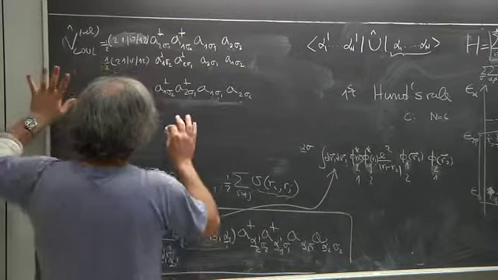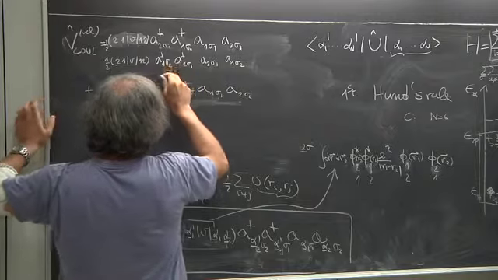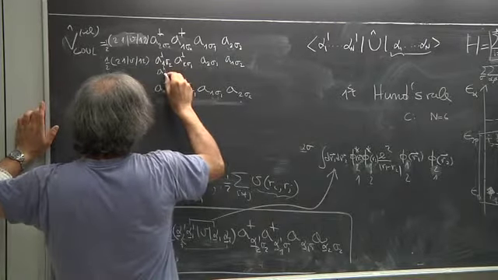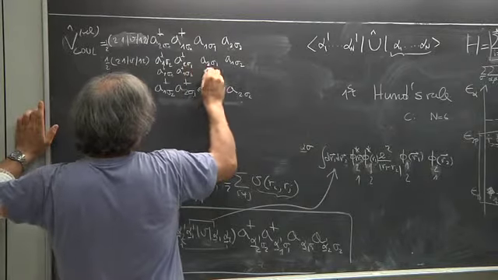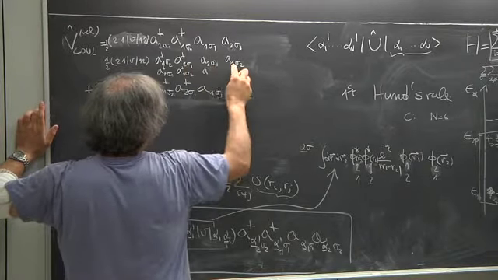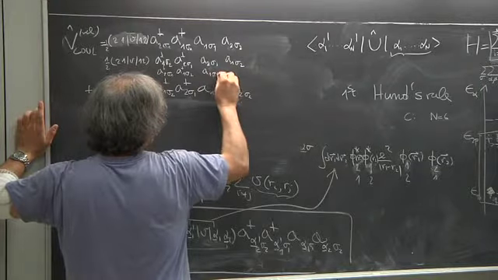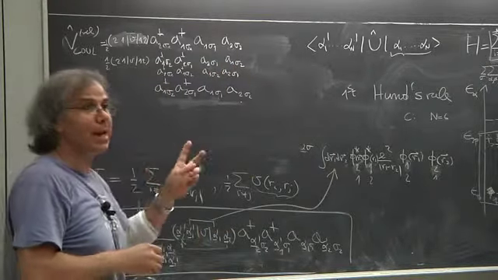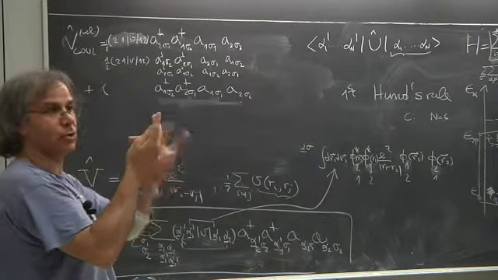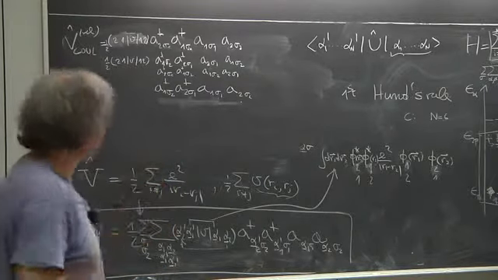So let me do the steps. If I commute these two, I get A dagger 2 sigma 1, A dagger 1 sigma 2, A 1 sigma 2, A 2 sigma 1, okay? Notice I do not pay any minus sign because I have two minus signs, okay? So I can do that.